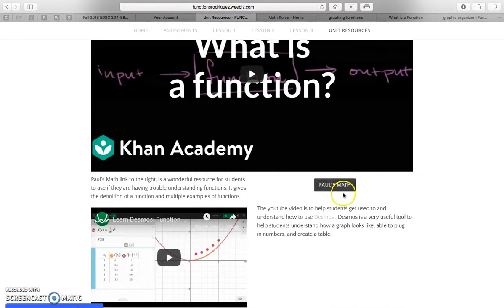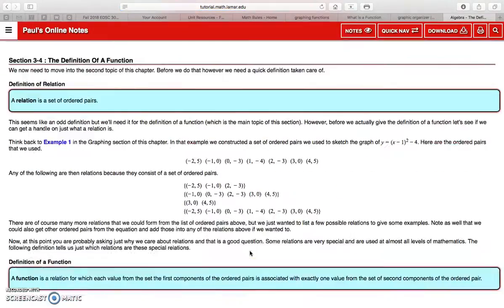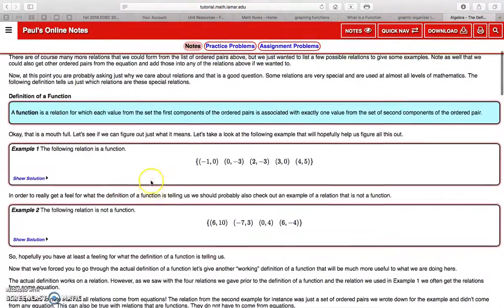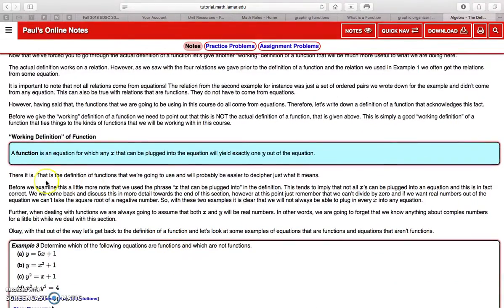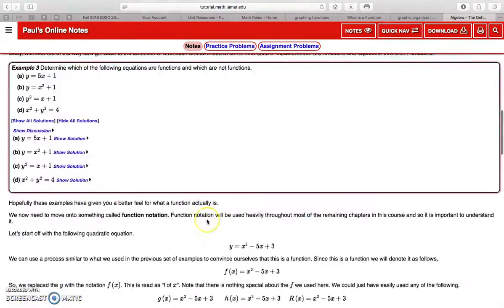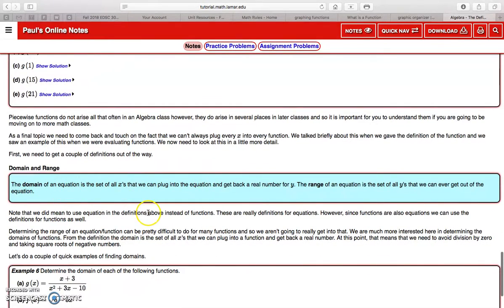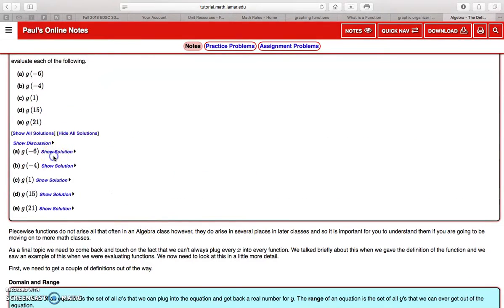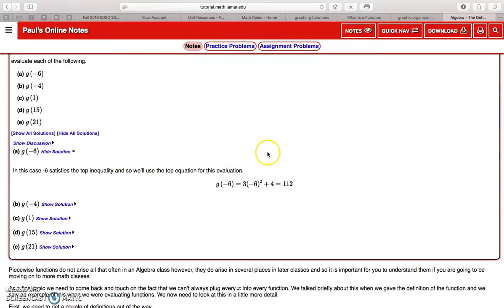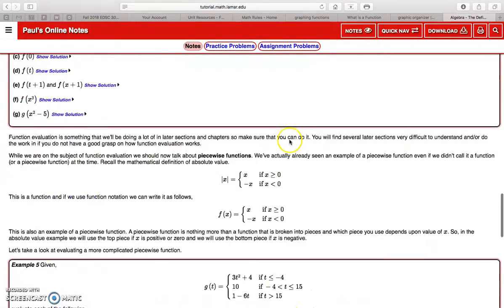And then these notes here are very useful in order for them to understand what a working function is. It also gives you the definition of domain and range, and it also gives you examples and solutions for them to be able to check their work as they go along.